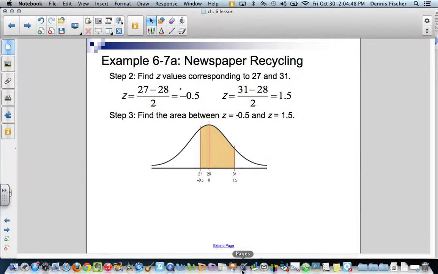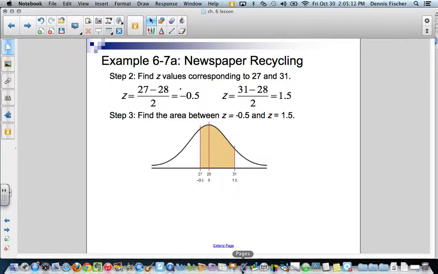So for 31, 31 minus 28 divided by 2 is 1.5. The first one: 27 minus 28 divided by 2 is negative 0.5. Now you have to find both areas.